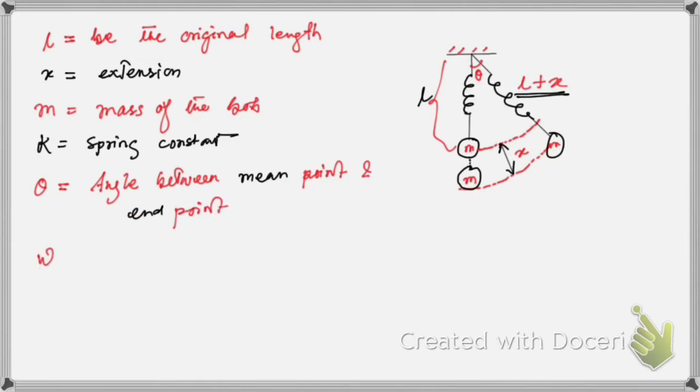Now, we know that the Lagrangian L is equal to T minus V, where T is kinetic energy and V is potential energy. Now let's find the kinetic and potential energy.